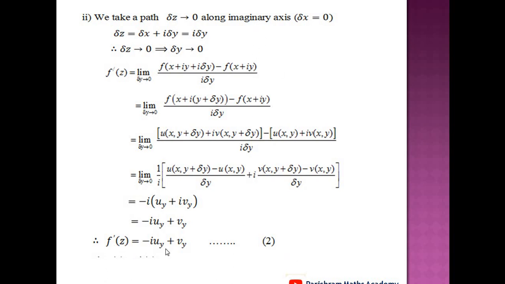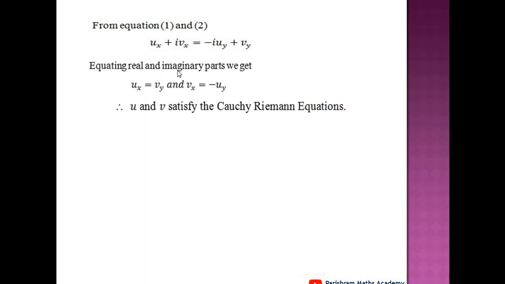We know that the value of f dash of z exists means along two different paths the value of the limit is the same. Therefore from equations 1 and 2 we get ux plus i vx equals minus i uy plus vy, by equating the value of f dash of z. Then by equating the real and imaginary parts we get ux equals vy and vx equals minus uy.